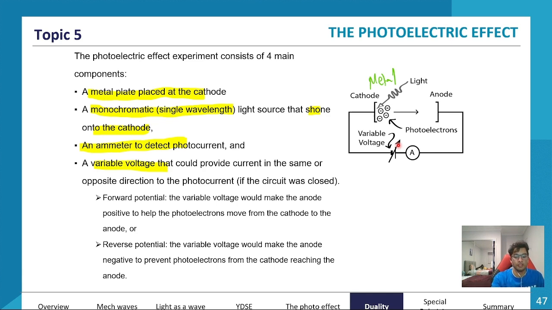Forward potential is when the current is working and the light is actually creating current. So the forward potential works in this direction, with the electrons going from cathode to anode, as they should be doing. The reverse potential is the opposite, so it travels in this direction. And this is controlled by this variable voltage. I'll show you why that's important.